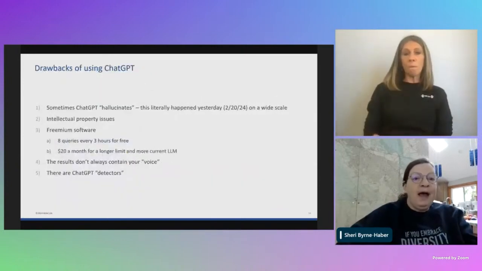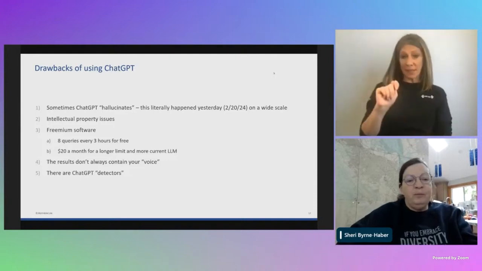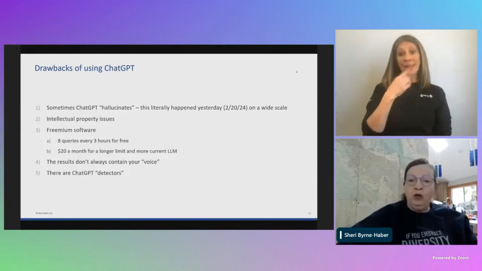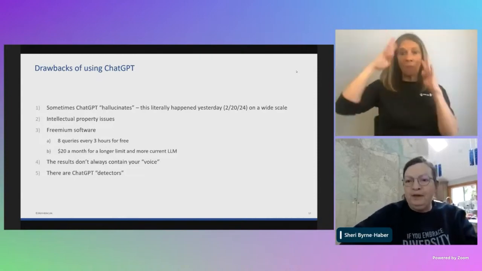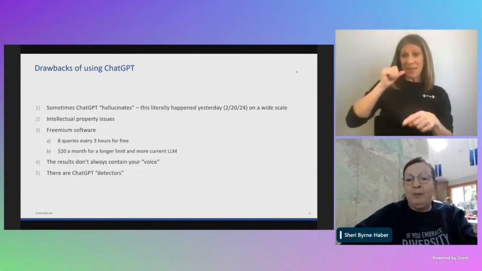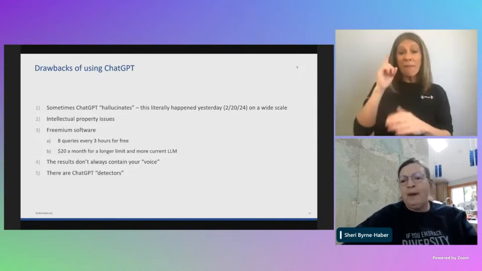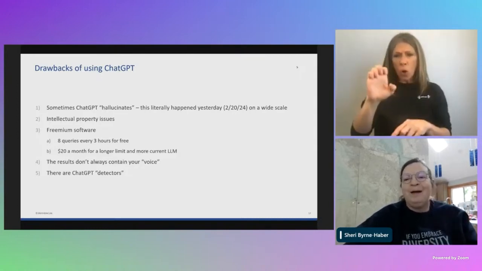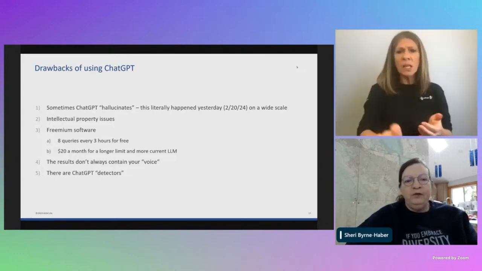Okay, so the drawbacks of ChatGPT. As I mentioned before, sometimes ChatGPT hallucinates. This literally happened yesterday. My husband said somebody at work was asking a question about code, about error messages, and it got back poetry, which had nothing to do with the question.